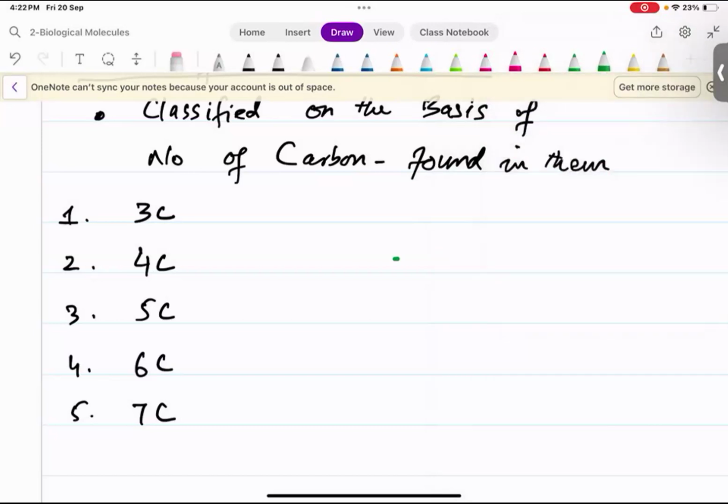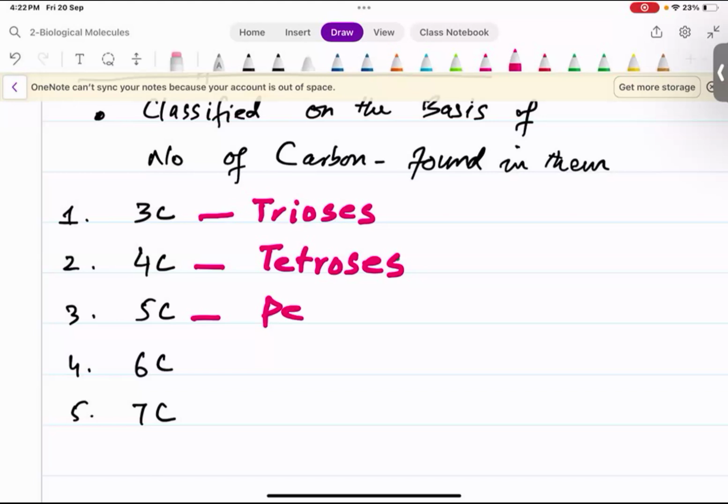If they have 3 carbon, they are known as trioses. If they have 4 carbon, they are known as tetroses. If they are 5 carbon, they are known as pentoses. If they are 6 carbon, they are known as hexoses.